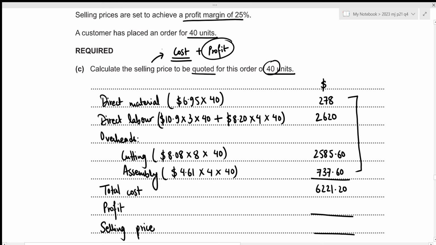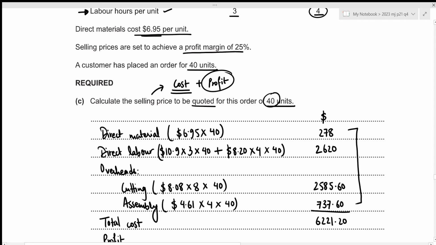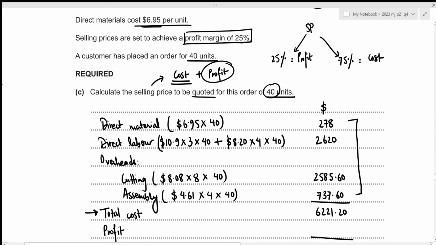And the criteria that we were given is that selling price are set to achieve a profit margin of 25%. So a profit margin of 25% just means that 25% of the selling price is going to be profit and the remaining 75% of selling price is going to be the cost. Since we already have the total cost, we can just figure out the selling price using this equation.